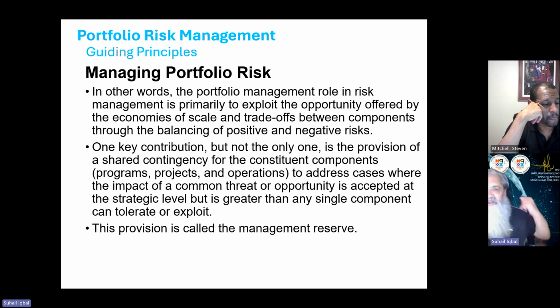Although the portfolio doesn't have a budget of its own, it is instrumental in providing the budget to all the projects and programs. So money is channeled through the portfolio to the projects and programs, and that is the same money where the management reserves at the organizational level or portfolio level are kept, and where the portfolio risk management is handled. That is out of that money.